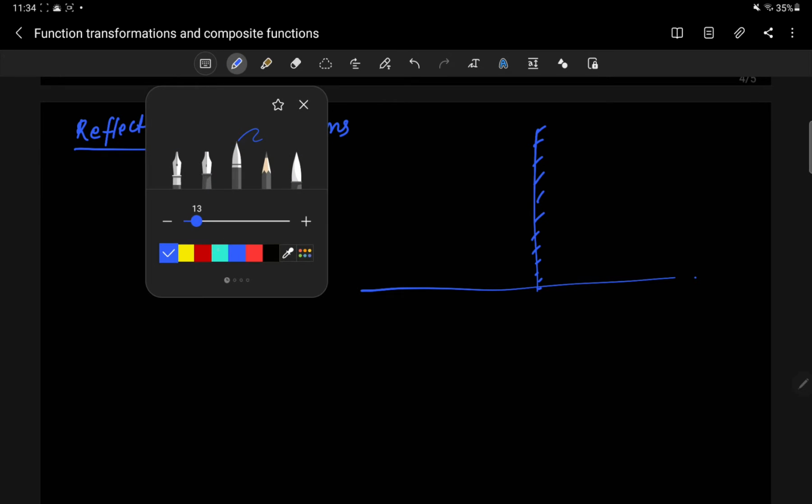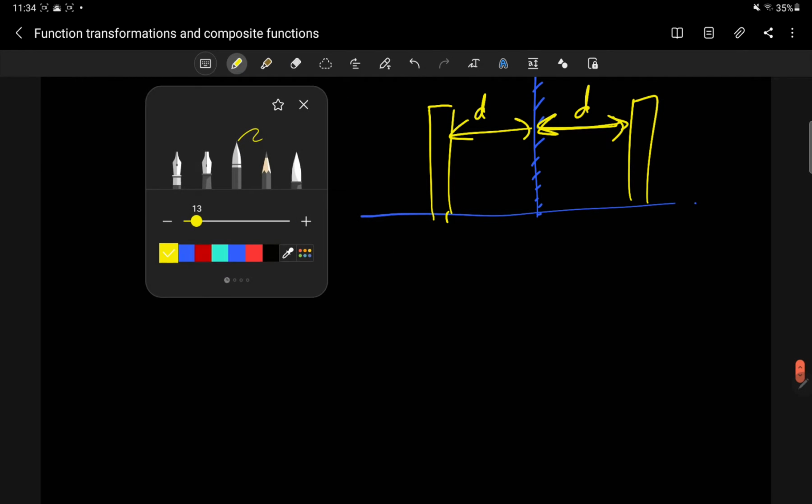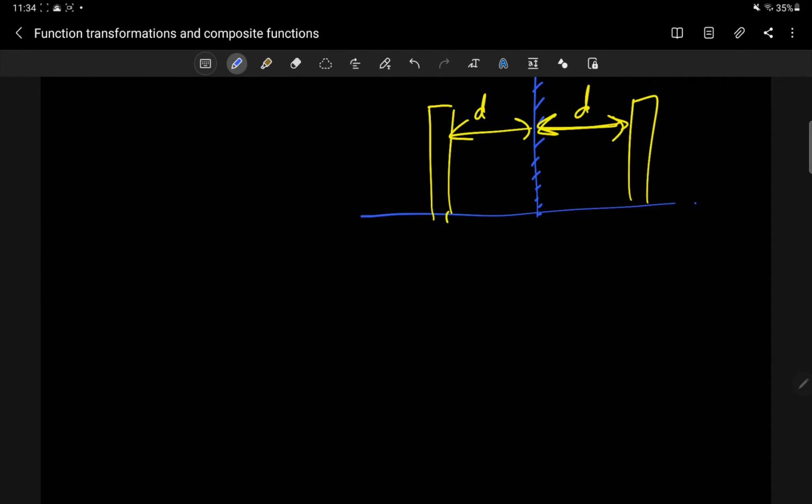What we know about mirror images is that this distance is the same as this distance. Namely, when you stand in front of a mirror and you're looking at your reflection, how far you are from the mirror is the same as how far the image is from the mirror. So that's the basic idea that we use.